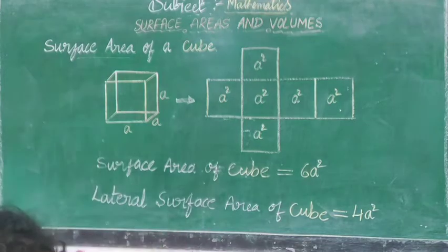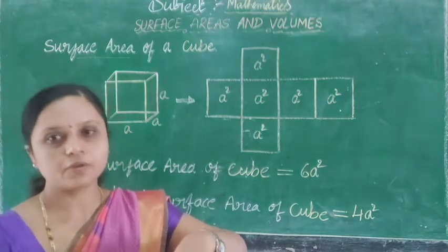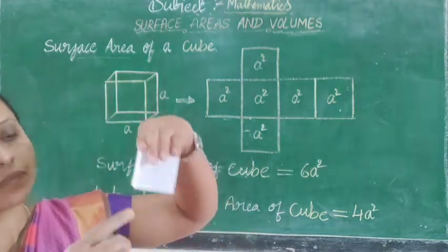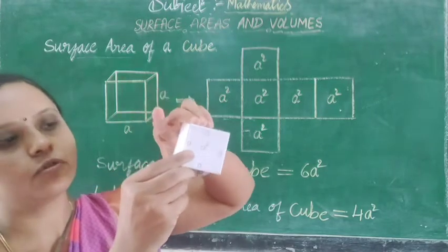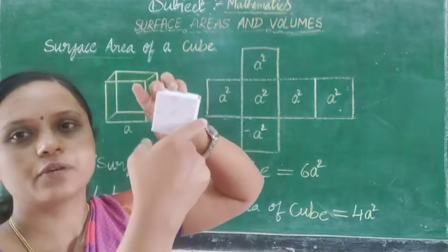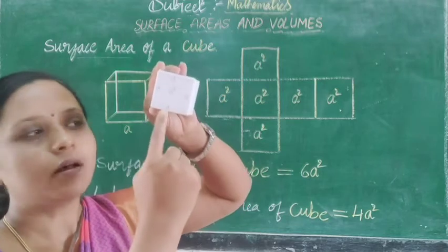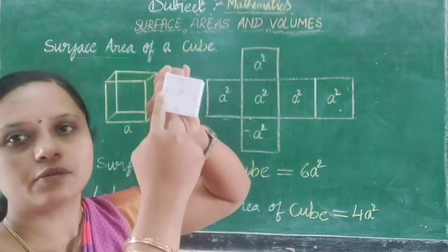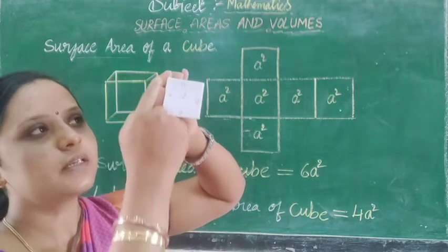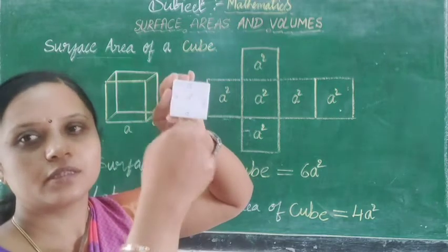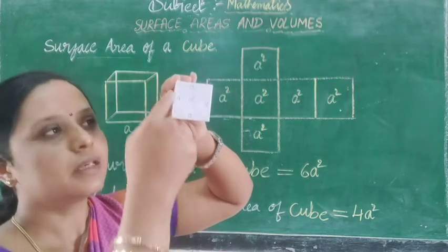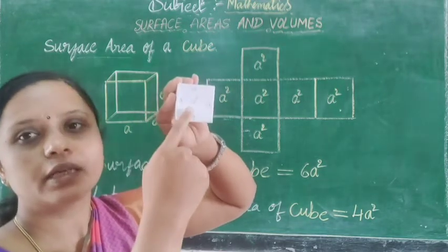Now we can look at this cube. How does it look? Each surface of the cube looks like a square. In a square, all the sides will be equal. So what is the area of this square? The area of this square will be A square.